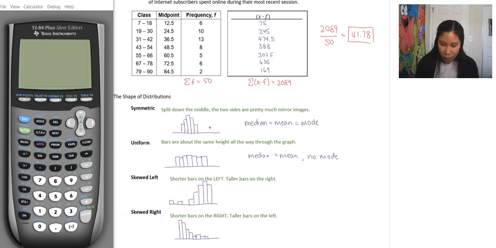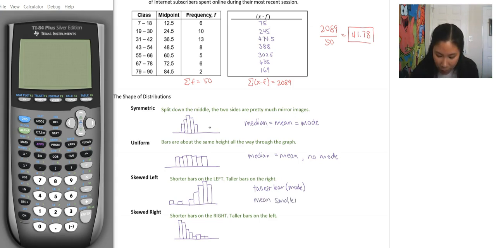Skewed left, so the tallest bar would just be your mode. And then, because you have a few smaller numbers, because there's less on the left, that would actually pull the mean down that way. So the mean would be smaller.